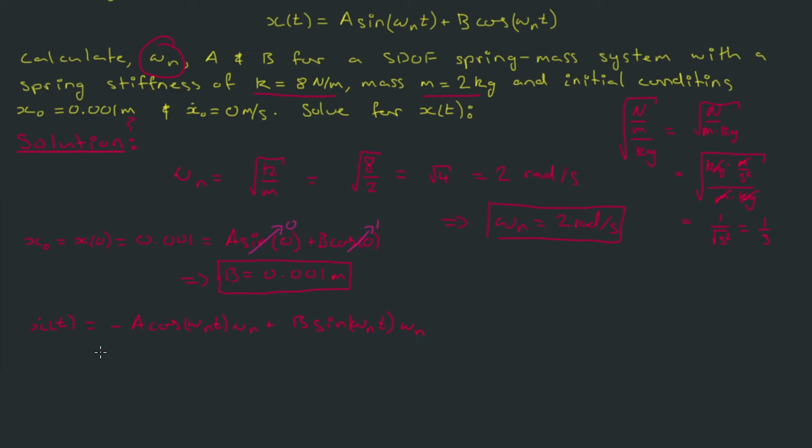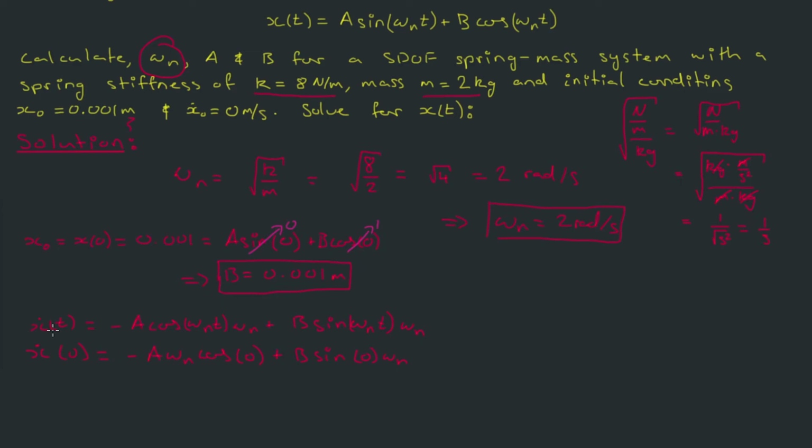So now we just substitute in time equal to 0 because this is our initial condition. x dot of 0 is equal to, so we have minus A, let's bring omega n over here, cosine of 0 plus B sine of 0 times omega n.